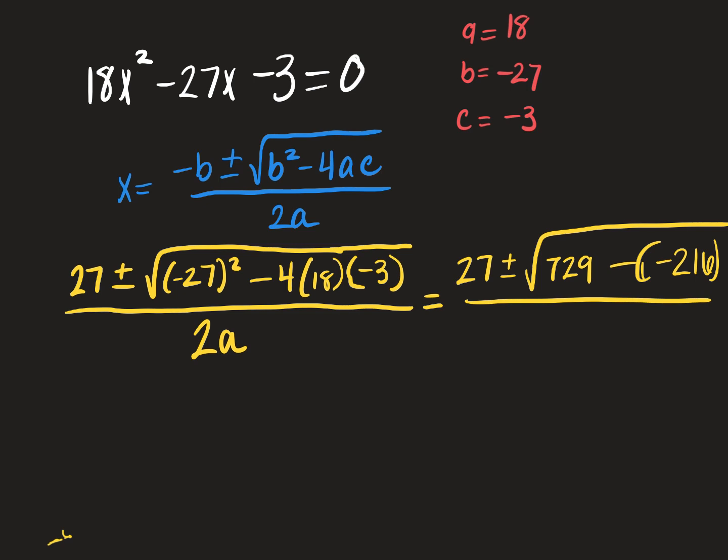Oh, sorry, that should be an 18 because we already plugged in, all over 36. So 729 plus 216 is 945. 27 plus or minus.